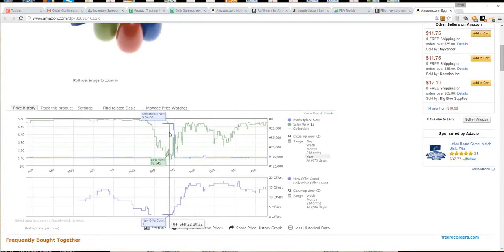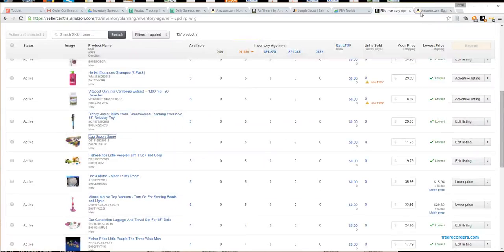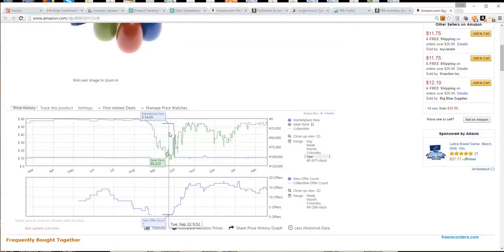So what happened was, on the 21st of September, I didn't look at the data properly. I got the spreadsheet. It said purchase price 11.99. Let's have a look. Yeah, 11.99. Selling price $54. I'm thinking, oh great, $54, $11 purchase price. That's a lot of profit.